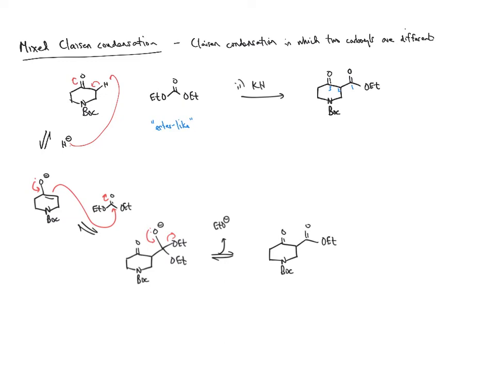Right, but again, this reaction occurs in two stages, so we have potassium hydride first, followed by a proton workup, because what happens is the ethoxide can come in and undergo a deprotonation of the now more acidic proton to give you another enolate.